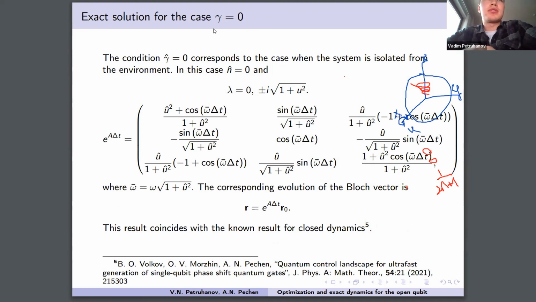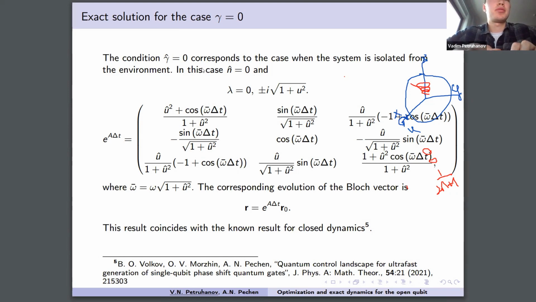Because this case was considered already in the following work here, we wanted just to compare the results, because this work's results were given by another approach. Does this approach coincide? That was the question. So actually, yeah, it coincides.